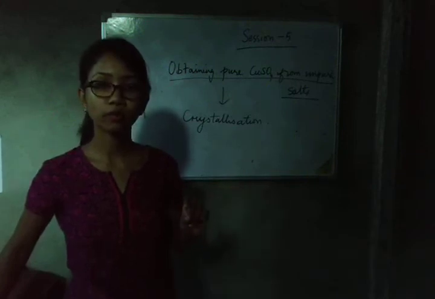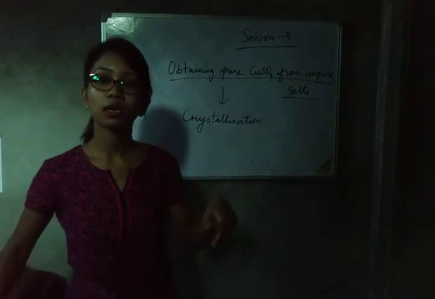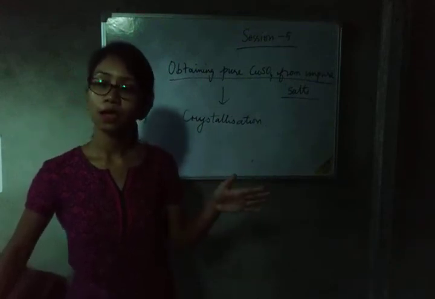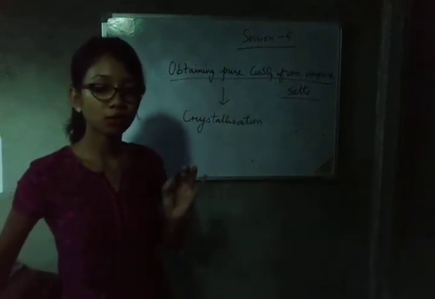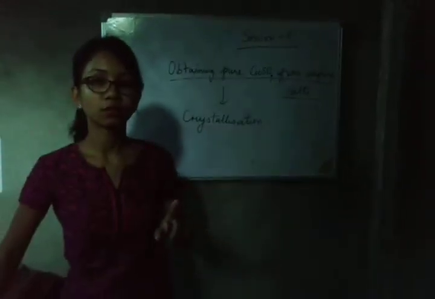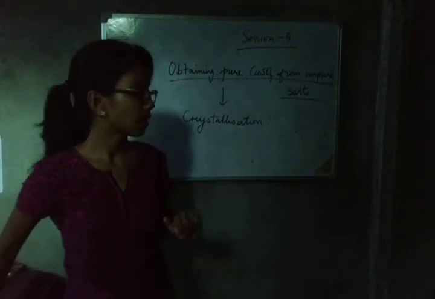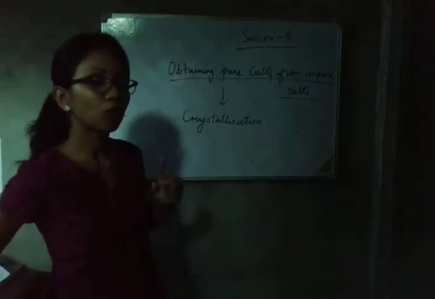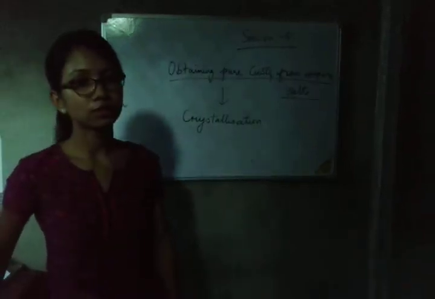Now what we will do, we will apply more heat, then these impurities are carried away with the solvent and converted into gaseous state, or vaporized. Then we can find fine crystals of copper sulfate in the apparatus where we have applied heat, and this is how copper sulfate is obtained from impure salts by the process of crystallization.